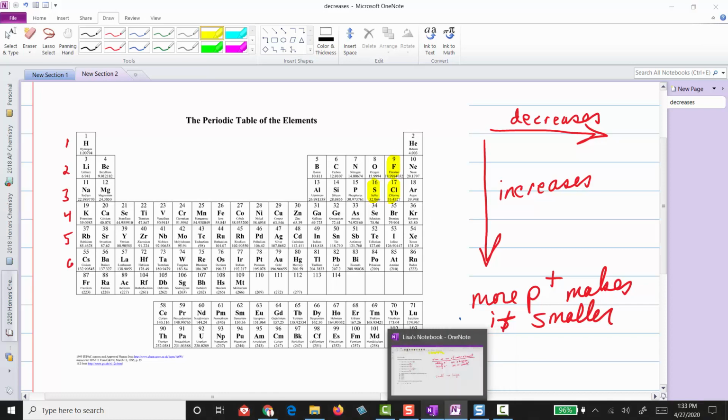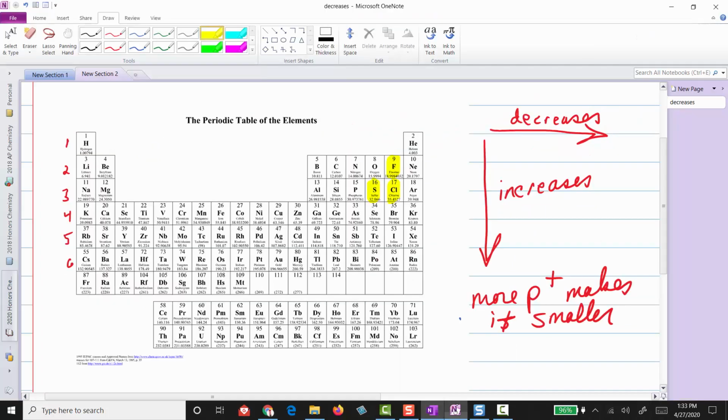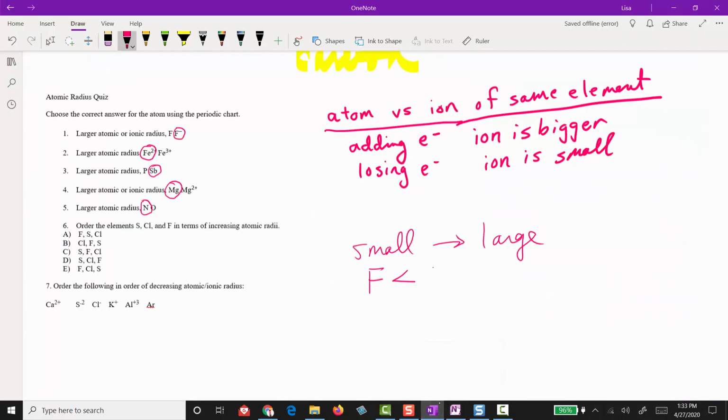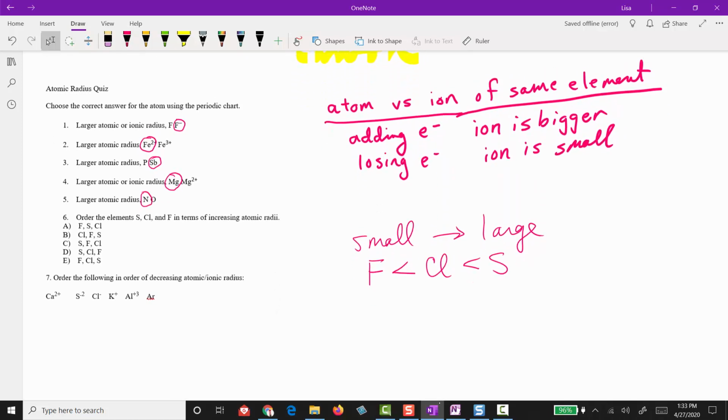And then looking between sulfur and chlorine, that additional proton is going to make chlorine a little bit smaller than sulfur. So chlorine, then sulfur.